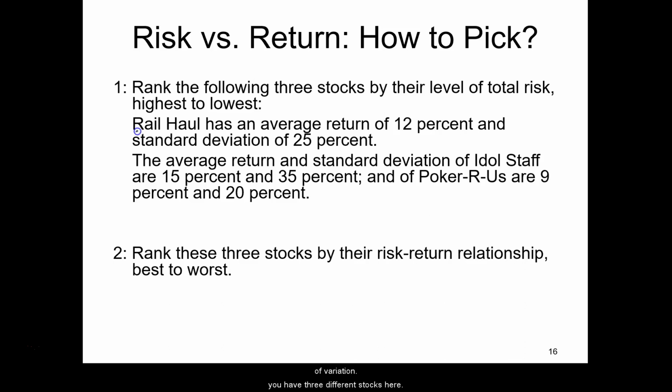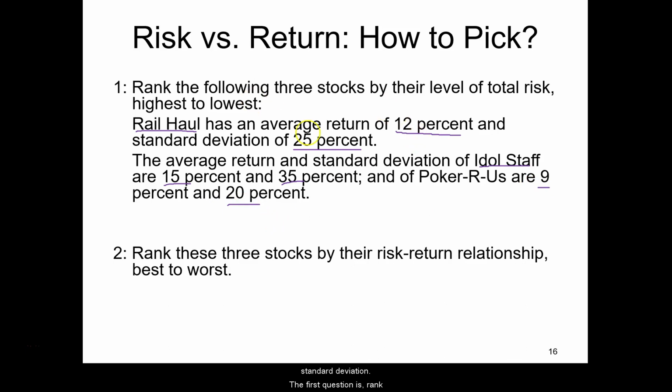You have 3 different stocks here. This one has 12% average return and a standard deviation of 25%. And then the second stock has an average return of 15% and a standard deviation of 35%. The last one, 9% average return, 20% standard deviation.